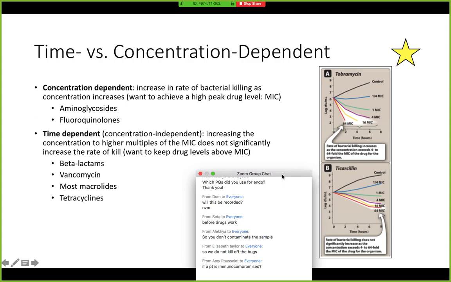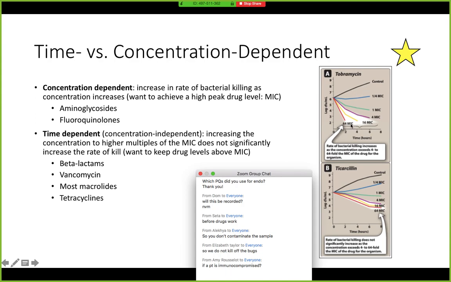So time dependent versus concentration dependent. This is not too tough if you check out the graphs over here. The top one is showing you concentration dependent. In concentration dependent, there's an increase in the rate of bacterial killing as the concentration increases.